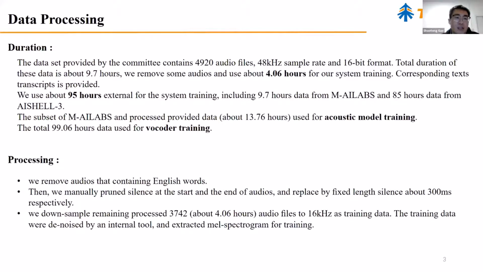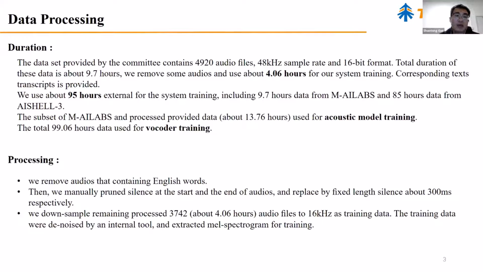The data provided by the committee contains about 9.7 hours, and we processed this audio and used about 4 hours for system training. The total duration of external data is about 95 hours, including a subset from M-AILABS and a subset from PHL3.